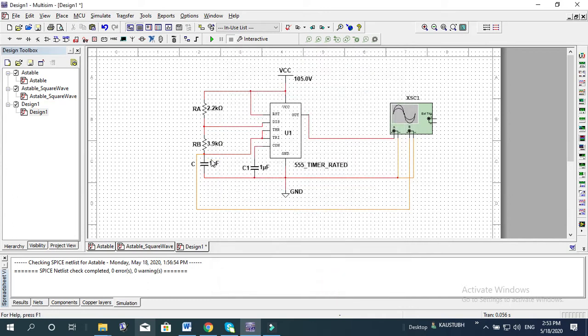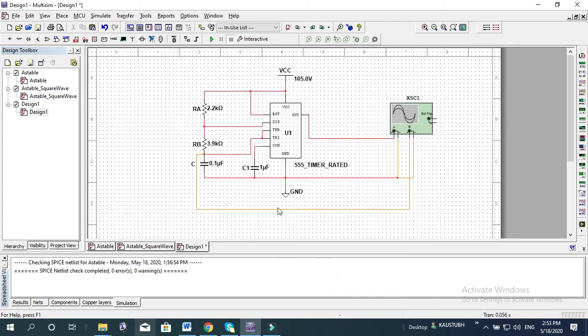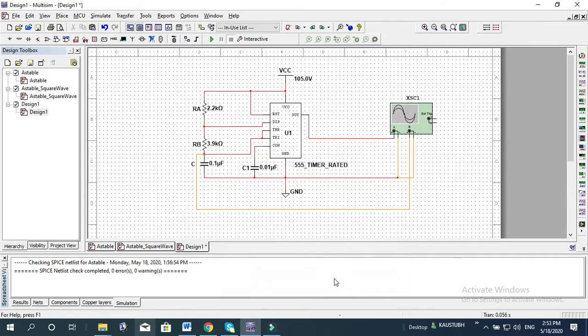Okay, and this I am making as 0.1 microfarad, and this has to be 0.01 microfarad. That's all.